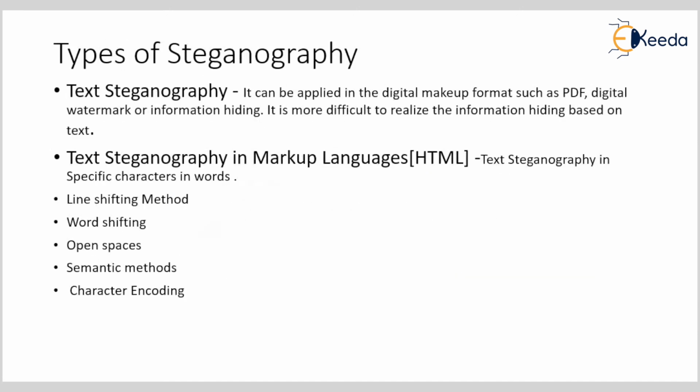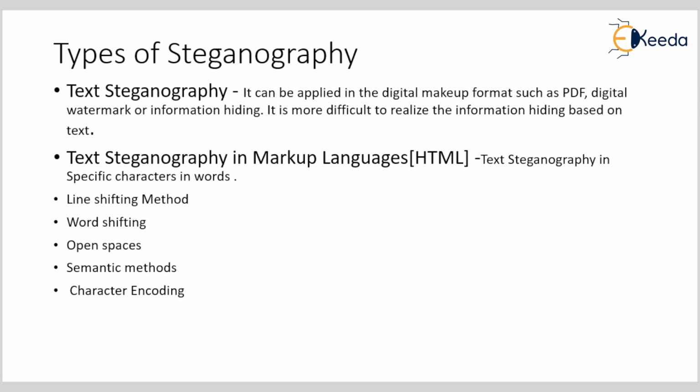Now, these are the types of steganography. Text steganography, image steganography, and audio steganography. Text steganography can be applied in digital markup formats, such as PDF files, digital watermarks, or information hiding. It is more difficult to realize information hiding based on text.